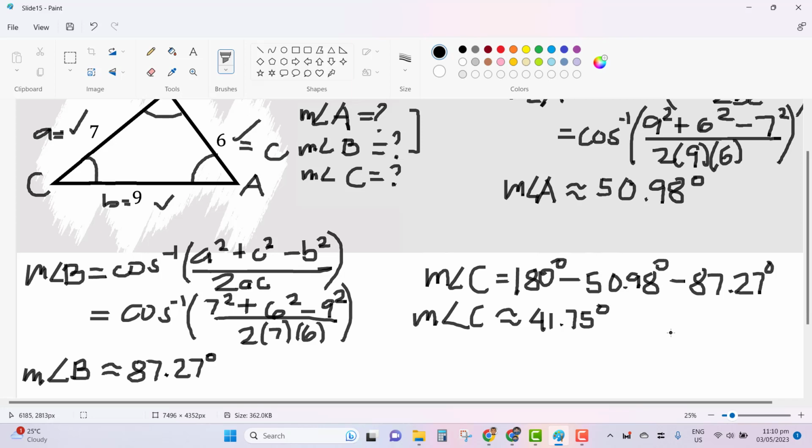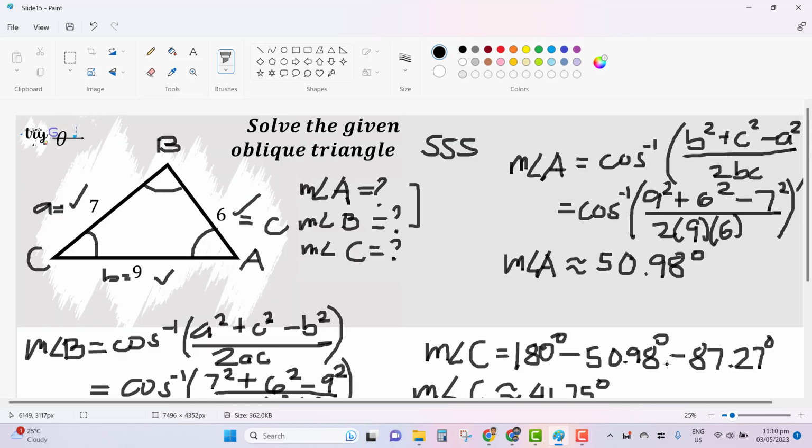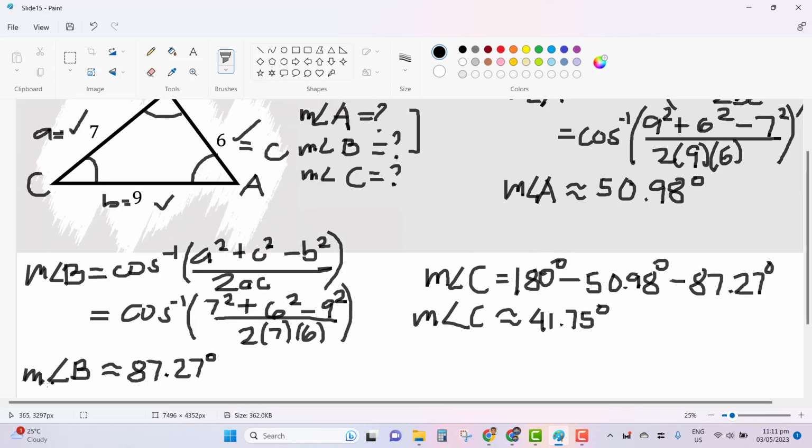There are 3 different angle measurements for this oblique triangle. Before we go, we will use the hint that we had last time, saying that the side directly opposite the largest angle should be the longest side, and conversely, the side directly opposite the smallest angle should be your shortest side. So for these 3 angles here, we have angle B, which is the largest, 87.27 versus this versus that.